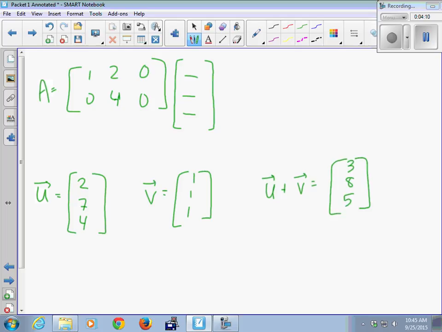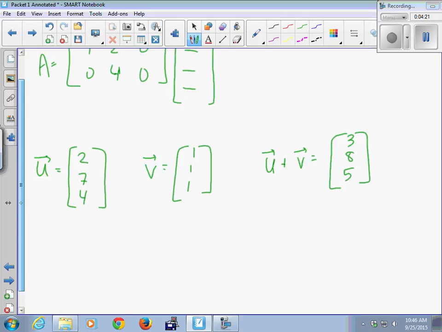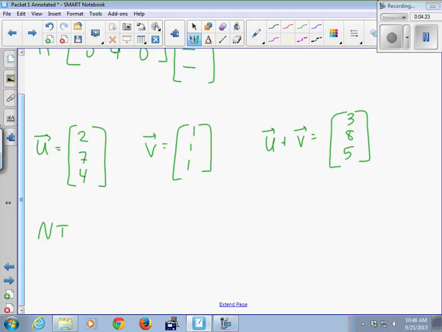I'm going to do my matrix multiplication A times the sum and see what I get. Then I'll do it separately, A times u plus A times v. I want to show that they're the same. NTS is the math notation for need to show.